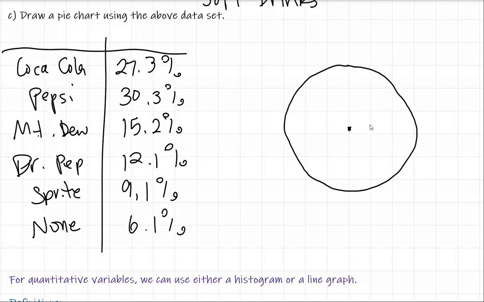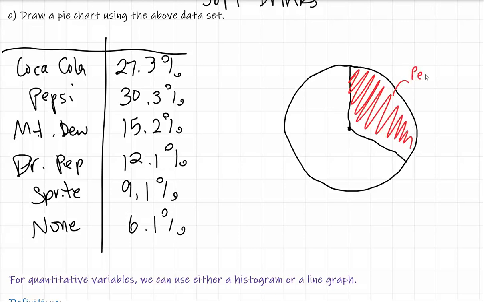We know this right here is a quarter, so it's a little bit more than that. I would say about there. So here's our Pepsi section. Let's color it red. Okay, so Pepsi at 30.3%.